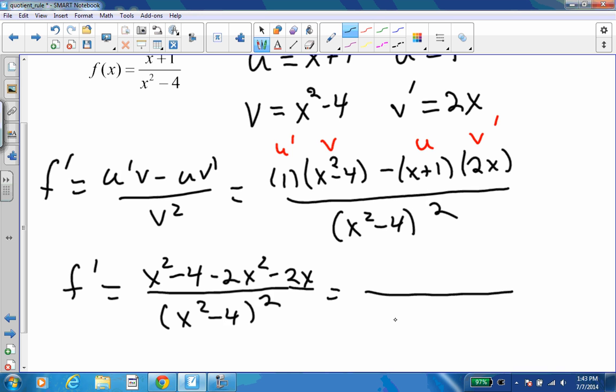Gathering up our like terms, we're going to end up with a minus x squared, because we've got an x squared and a minus 2x squared, and then we've got a minus 2x, and we also have a minus 4.